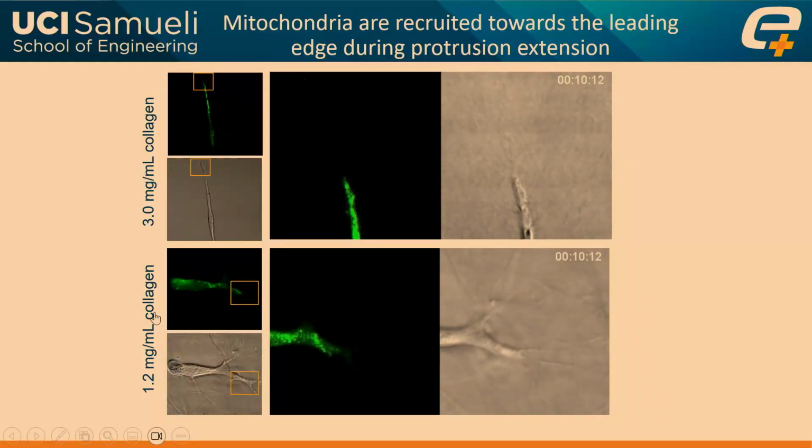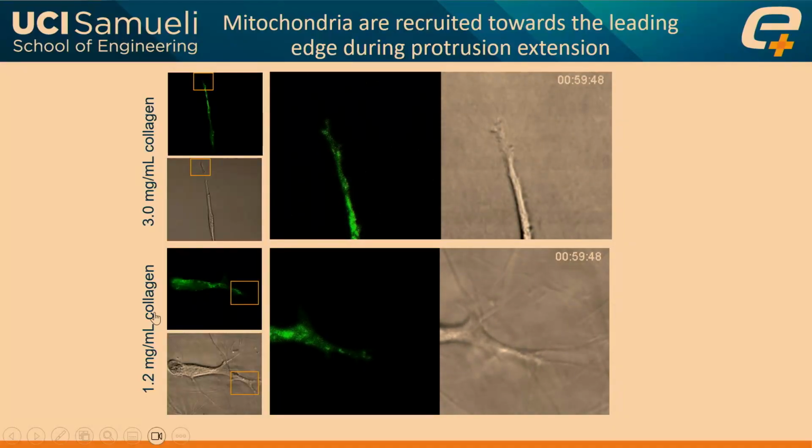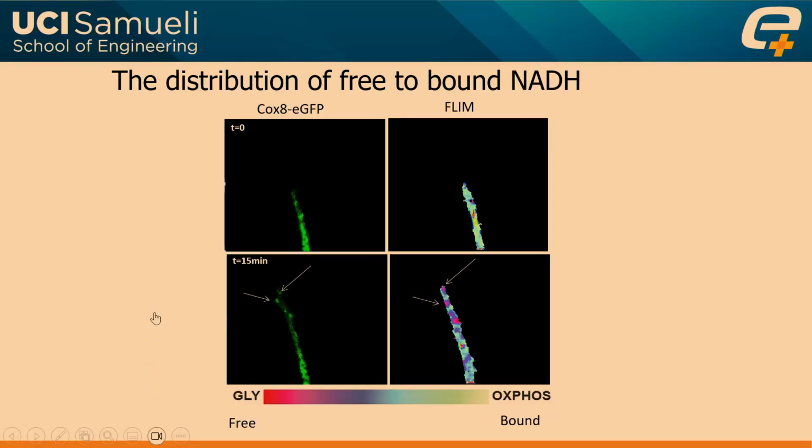And so you might ask, how does this work in collagen and cells that have these leading edges? We labeled here the mitochondria with COX8-GFP, and you could see that the cell is protruding here. And when we refocus this, because this is in 3 dimensions, you see the mitochondria are at the leading edge in both cells, whether they're in 3 mg or 2 mg per ml.